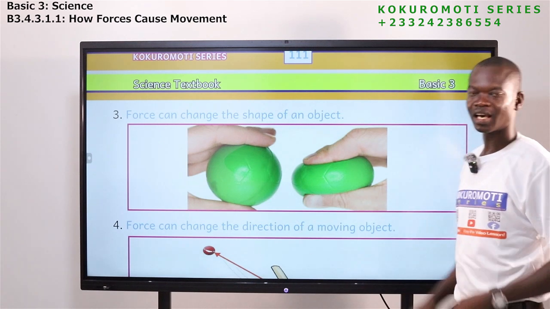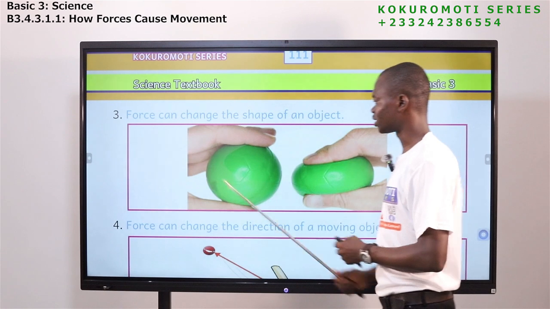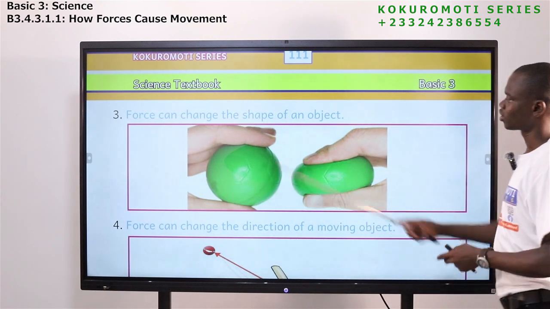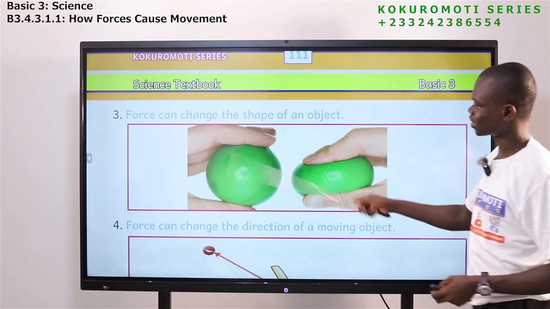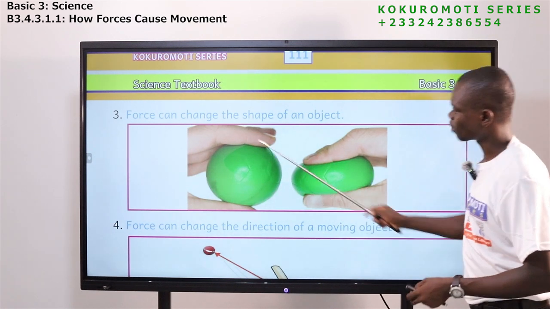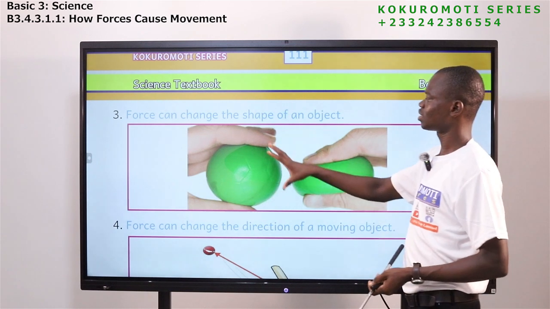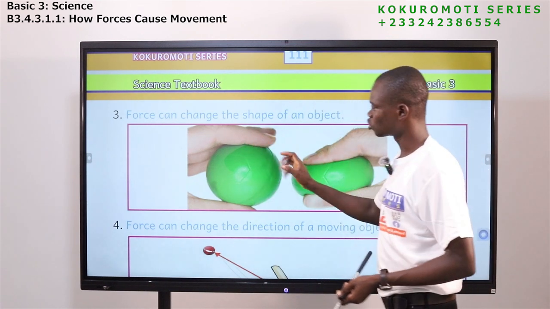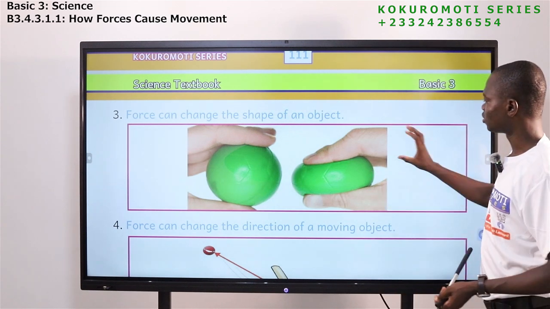Force can change the shape of an object. If you look at the first one, you see somebody's hand here, and this is a round ball, but the person has not applied force, so the shape is intact. But when you come here, you see there is force.